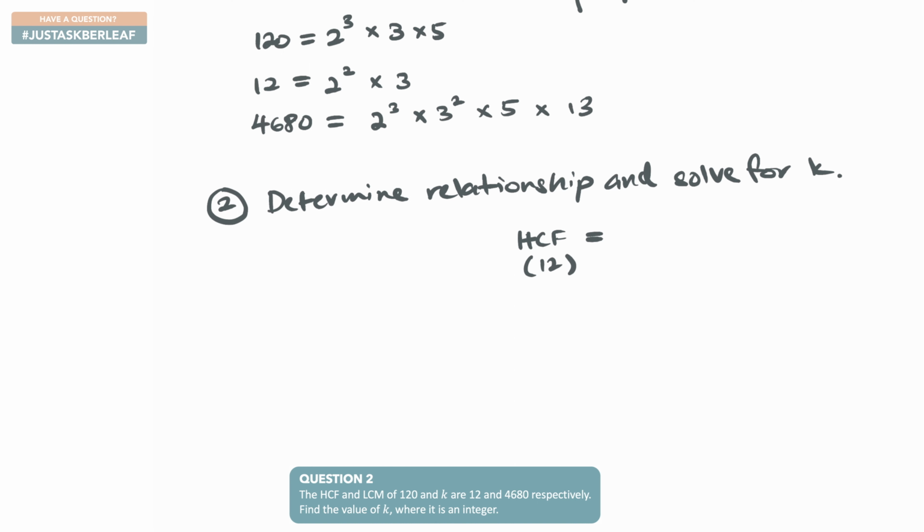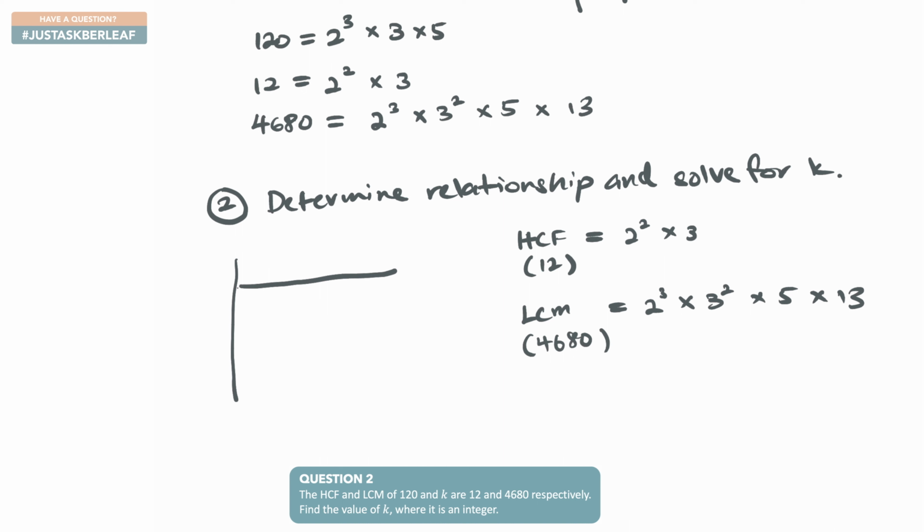Which is represented by 2 squared times 3. While the LCM would be that of 4680, which is represented by 2 cubed times 3 squared times 5 times 13. To help you better visualize how the HCF and LCM connect with one another, we shall make use of the ladder method working.